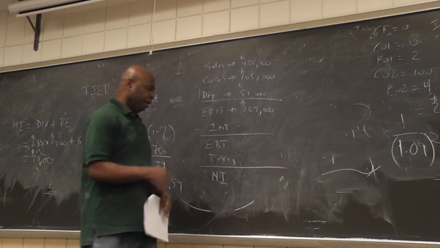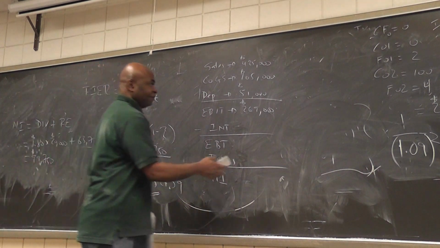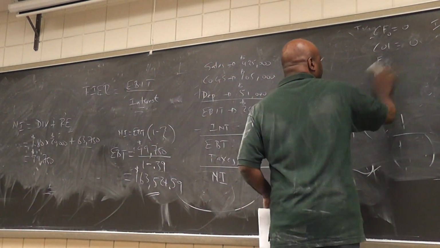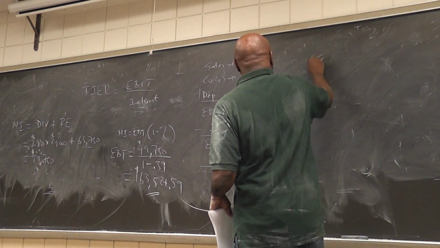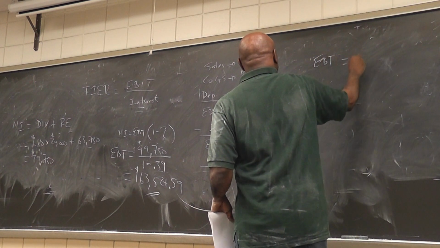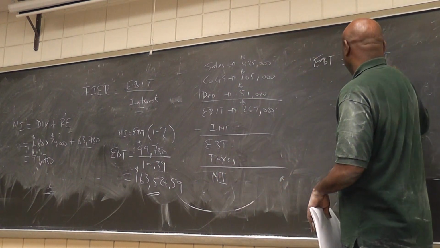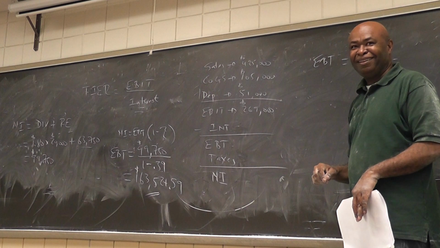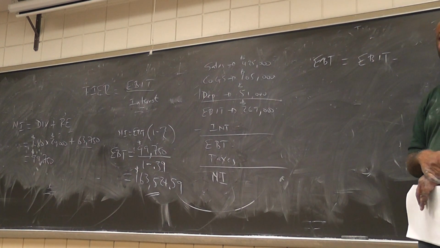I'm going to use this relationship. My earnings before taxes is my earnings before interest and taxes minus my interest. Can I say that?